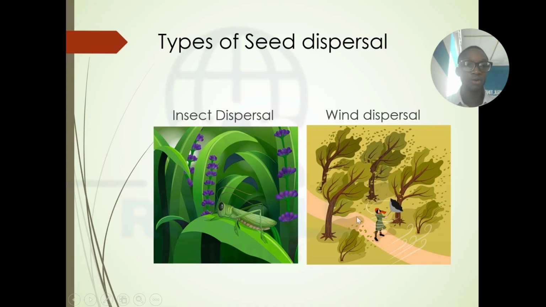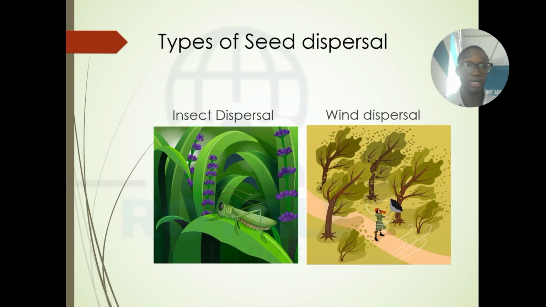And also, we have wind dispersal. Now, what's a wind dispersal? A wind dispersal is when now not an insect this time around. You now have the wind. Maybe there was a really strong wind at that time, and it begins to blow and blow and blow. And what happens? It entirely blows away the seed sometimes.